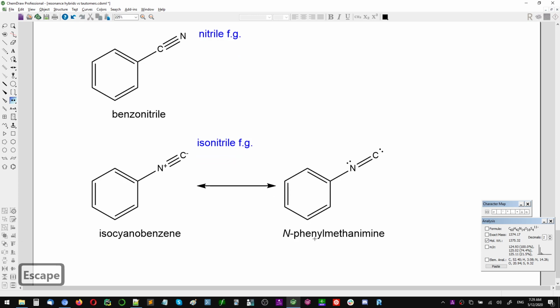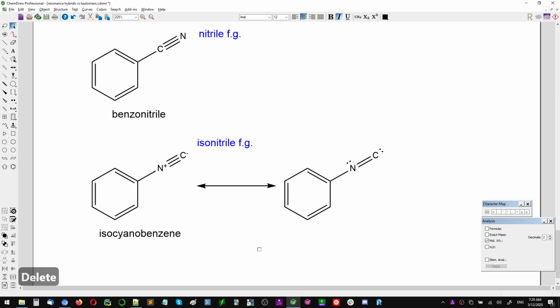Now, I believe it's wrong to change the naming here. So hopefully, if I'm wrong with this, that this is a resonance hybrid, someone will correct me in the comment section.